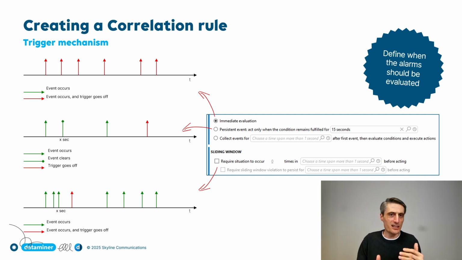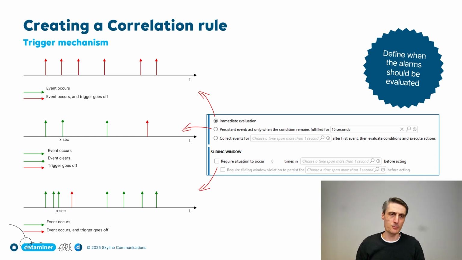But if suddenly it starts to happen too often, like 10 times in a minute, then I start worrying and I want to pick up on that, and generate a correlated alarm that says, maybe dear operator, you need to take a look at this because it starts to become a little bit worrying if it happens too often. So that's the sliding window with the number of times it can happen in a period of time.